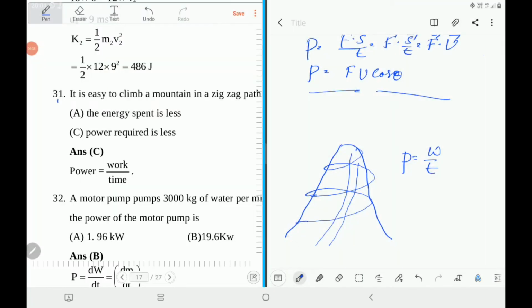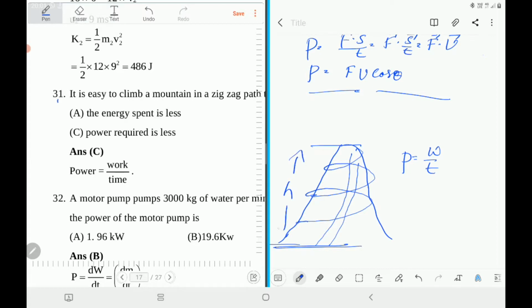Now let's think this way, student. This is the base of the hill. From this level to this level, the height remains the same, whether you choose this helical path around the hill or the almost straight uphill path. For both the paths, the height remains the same. Therefore, the work, what is that?